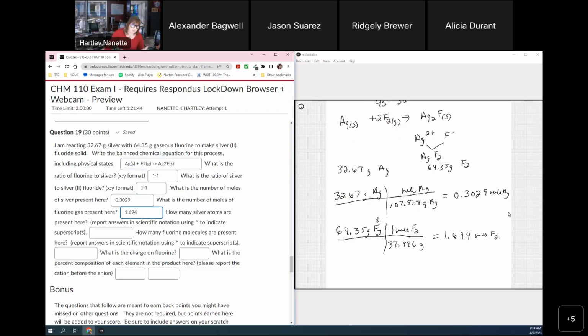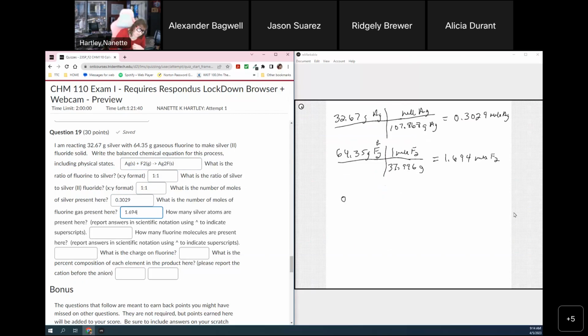Well, if I know the number of moles of silver, then I can take the number of moles of silver and multiply that by Avogadro's number, because that is in atoms per mole, or molecules per mole, particles per mole.